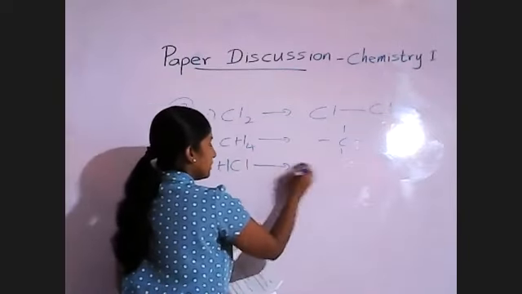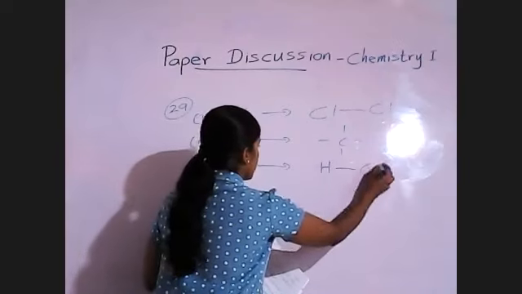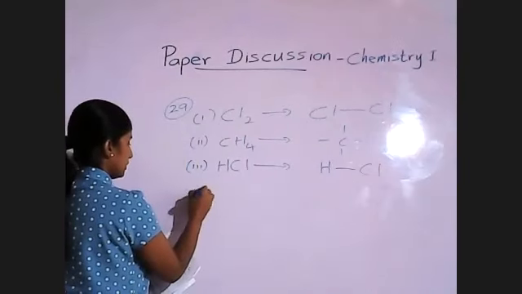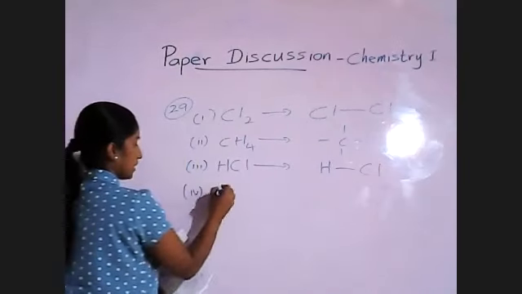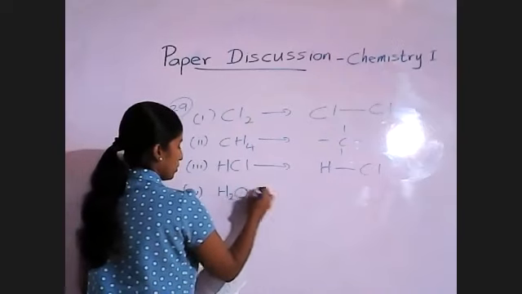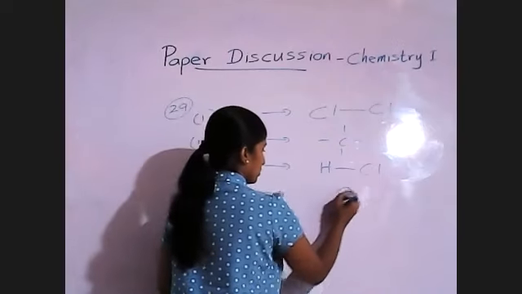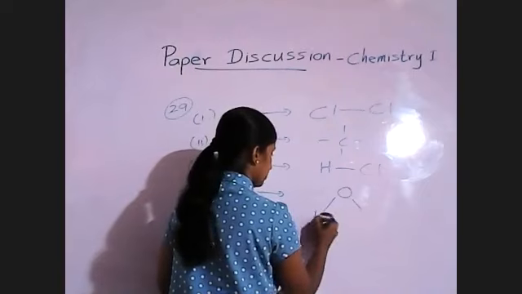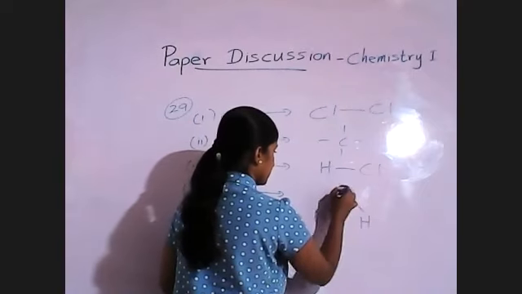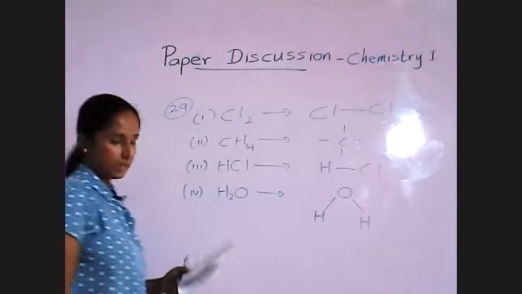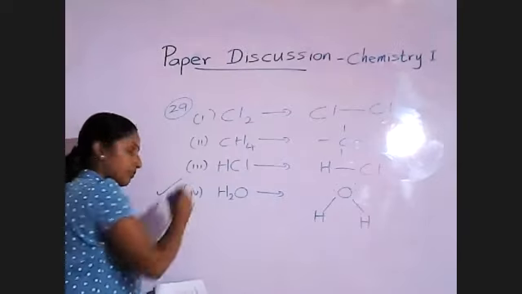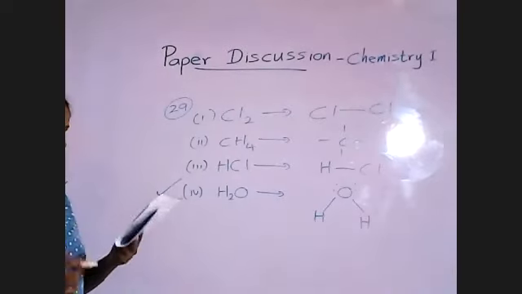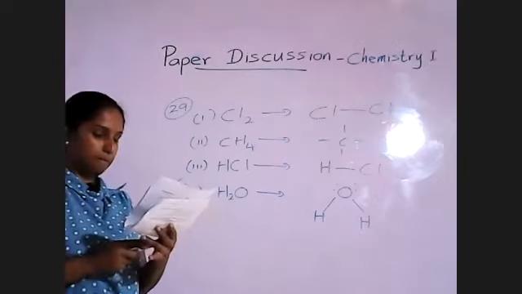Same as this one, 1 bond is there. Look at the fourth one, H2O. There are 2 bonds, 2 covalent bonds. Then what is the answer? Fourth one.